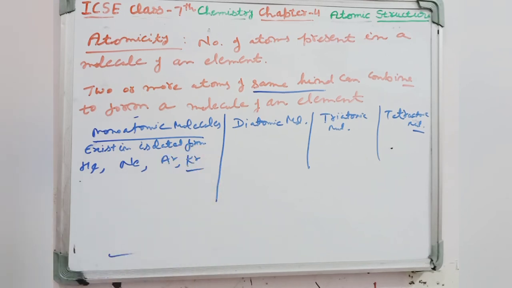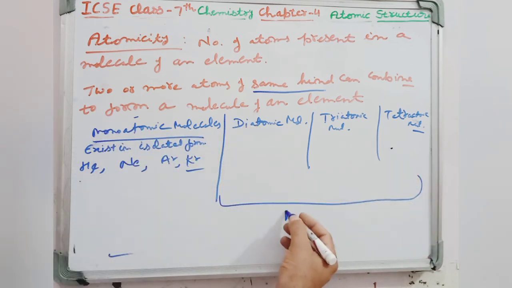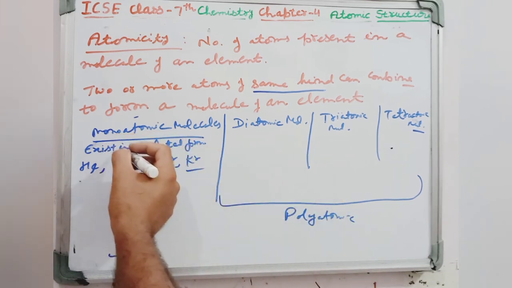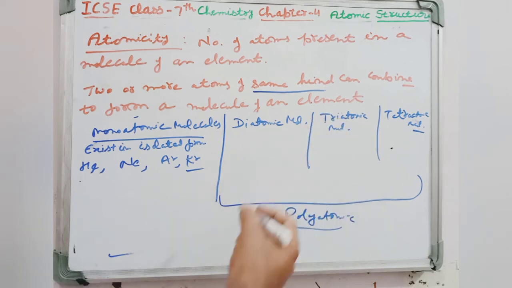These are all monatomic molecules. These are monoatomic, these are all polyatomic. They contain only one atom, they contain more than one atom.